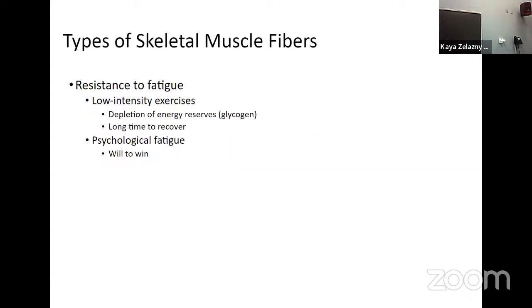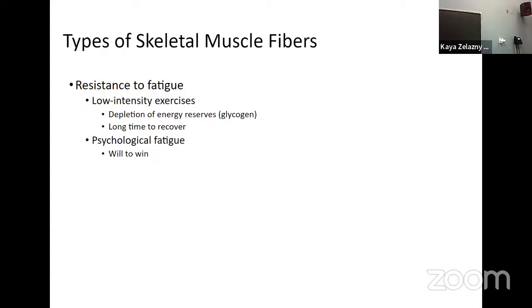With lower intensity activity, we take longer to fatigue, right? So we know that this is relying on those oxidative fibers. We know that oxidative phosphorylation produces more energy, but it needs oxygen. We know those fibers are a little skinnier, a little smaller. They're going to contract a little more weakly. We can use them for a longer time. The reason they eventually do fatigue is usually they're running out of glucose.